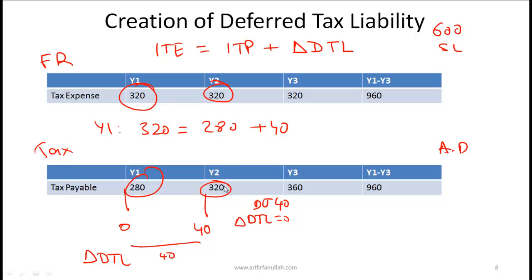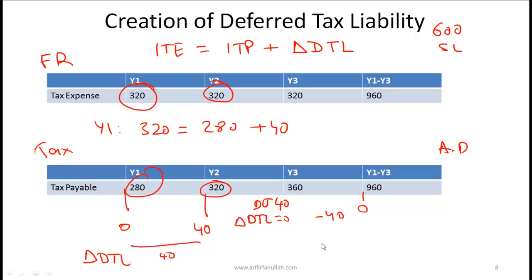So in year 2, the income tax expense 320 was equal to the income tax payable 320 plus the change in DTL, which was 0. And then in year 3, notice that here DTL goes down to 0 at the end of the year. So the change in DTL is 0 minus 40, which is minus 40.